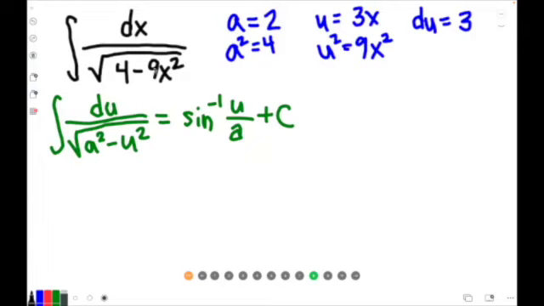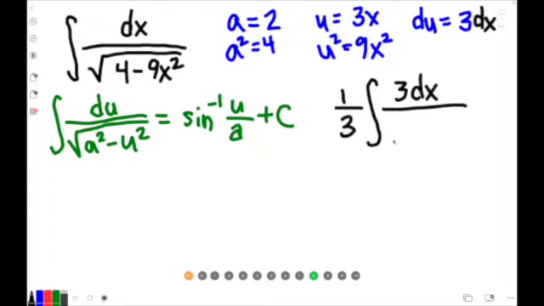So the denominator is already good. That's a squared minus u squared inside a radical symbol. But the numerator should have 3 in there. So what do we do? We put 1/3 outside of the integral sign, and we can write 3 dx here.